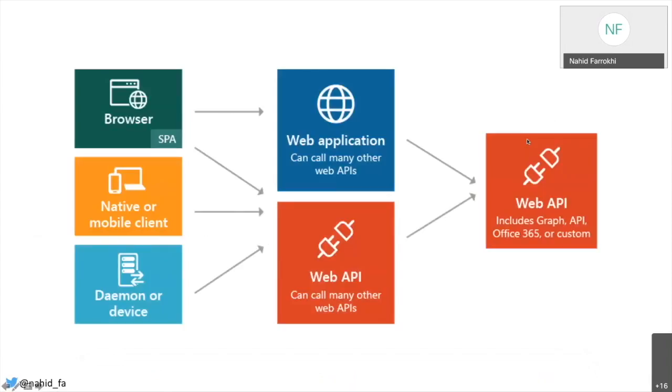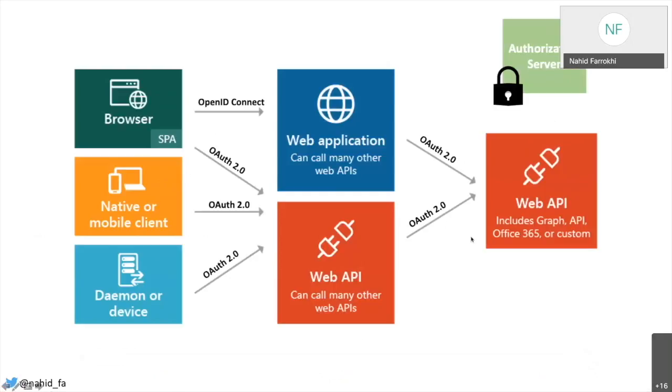Here is a big picture of how modern web applications may look. Each and every one of these components or applications on the screen are there to protect resources, and that's why they need to implement authentication and authorization. So I have this big picture and I am putting the solutions in place in it.